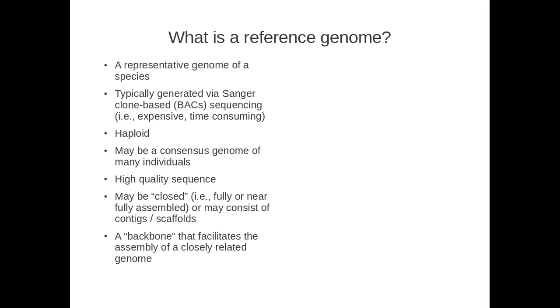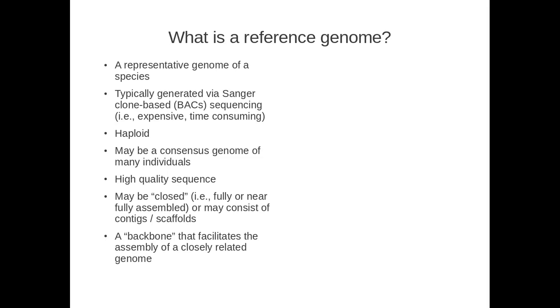So for the old clone-based sequencing, you'd sequence the ends of tens of thousands of bacterial artificial chromosomes that contain your DNA from your species of interest, and then you use a computer to assemble these fragments into oftentimes complete chromosomes, which is very different from how we do it today.